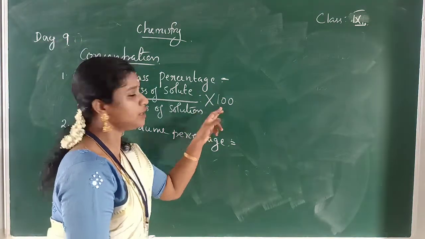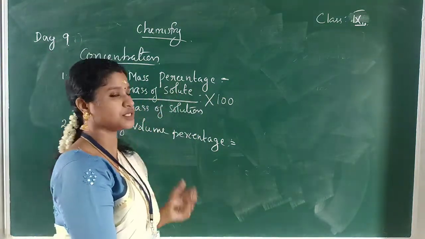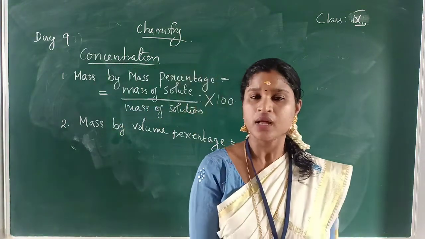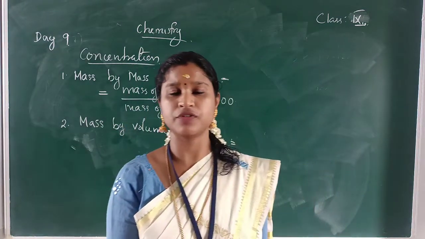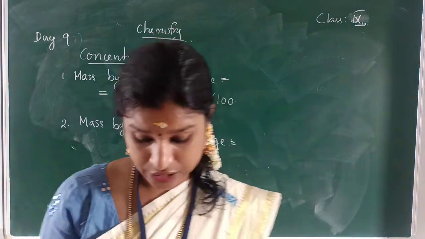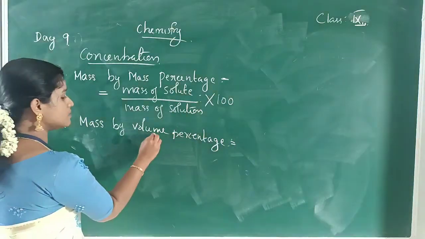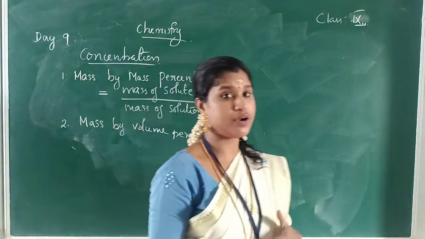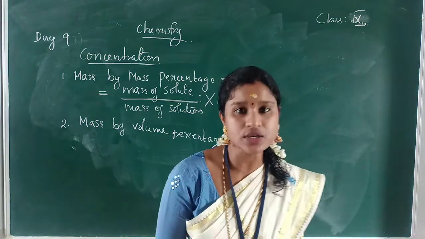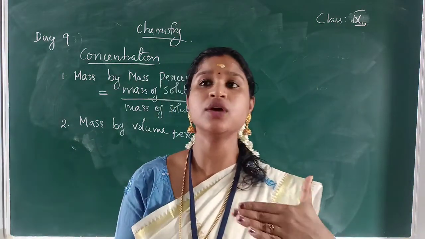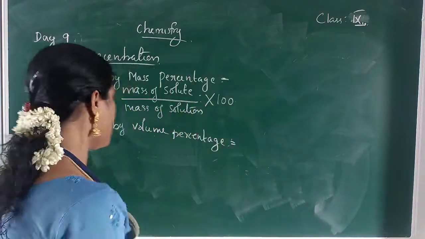Here the 100 is there because it is given in terms of percentage. Then the next one is mass by volume percentage. What would it be? Mass of the solute divided by volume of the solution into 100.